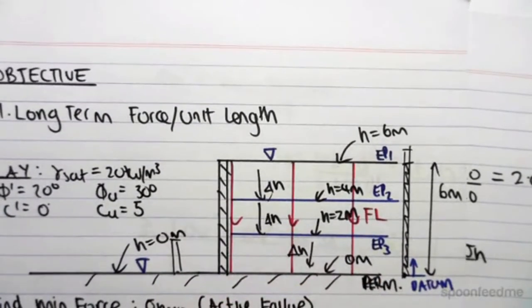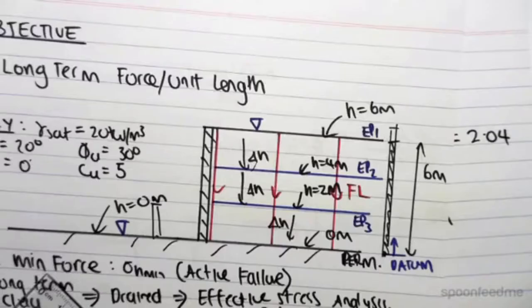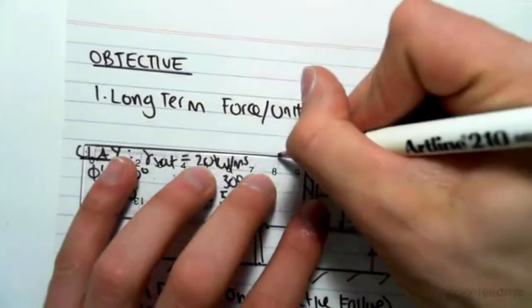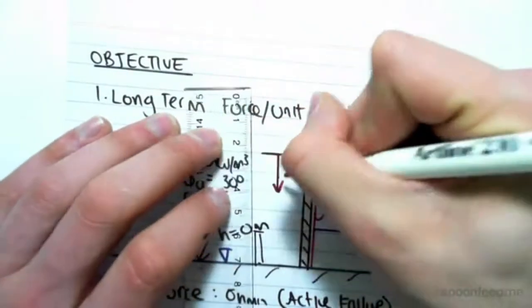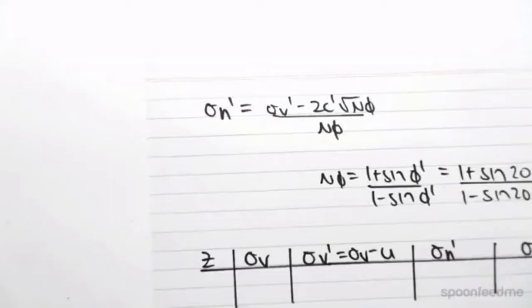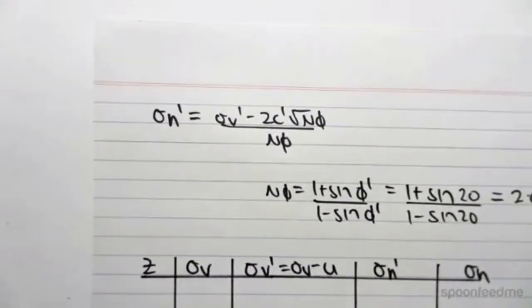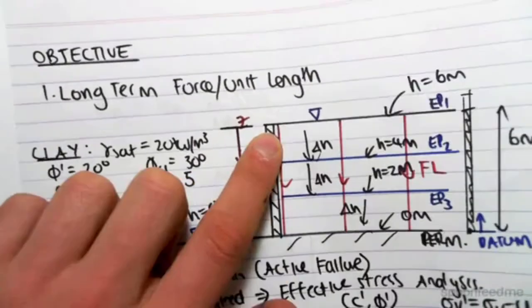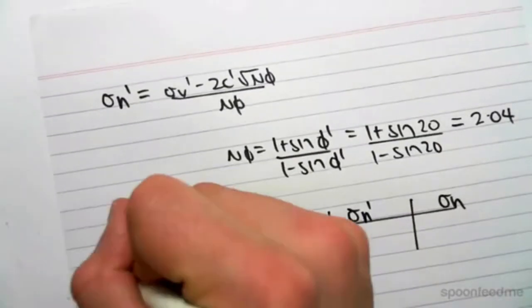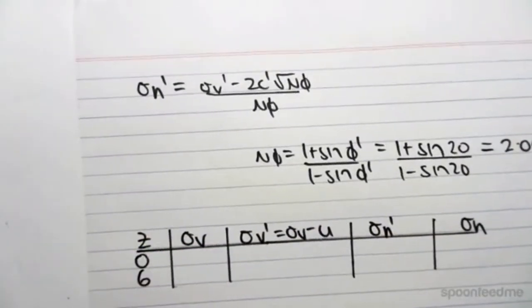When we do this analysis though, when we come and do this table, we want to define a new axis. So we're going to make this Z, which means that the top of the layer is at Z equals 0, and the bottom of the layer is at Z equals 6. So we have 0 and 6.